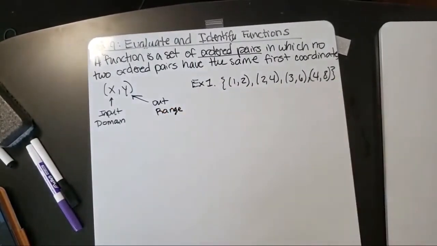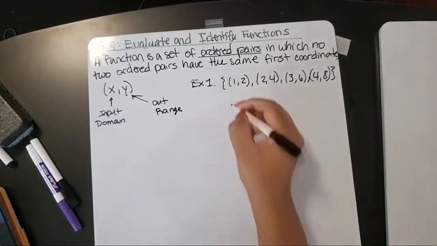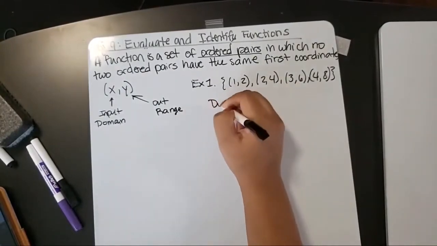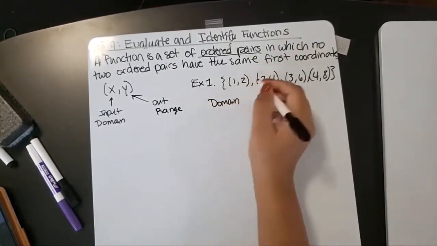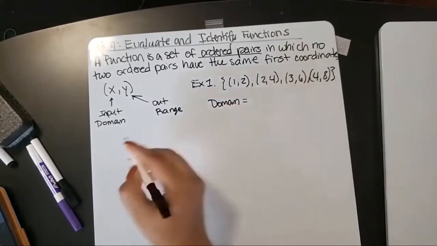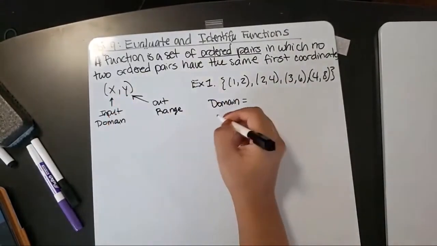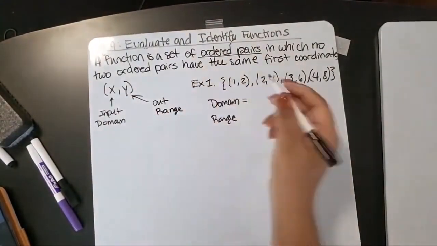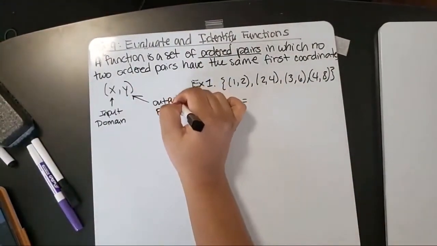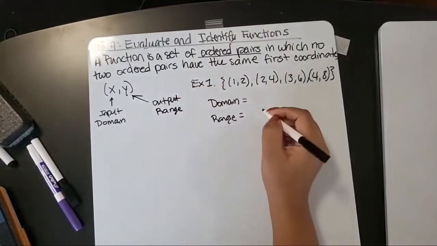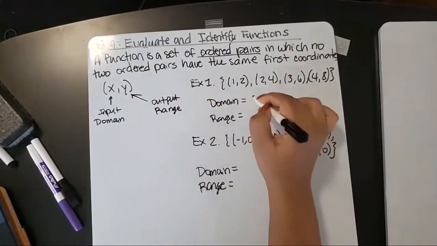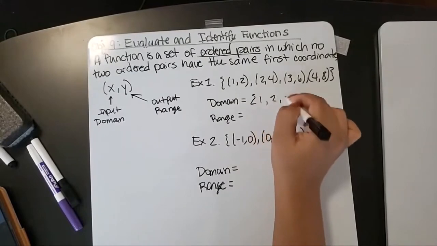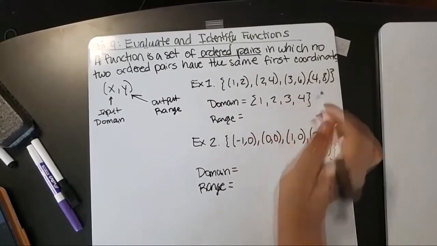So now we need to figure out what the domain and the range is. I just told y'all that the domain is the x's, or the input, and the range is the y's, or the output. Okay, so the domain is 1, 2, 3, and 4.